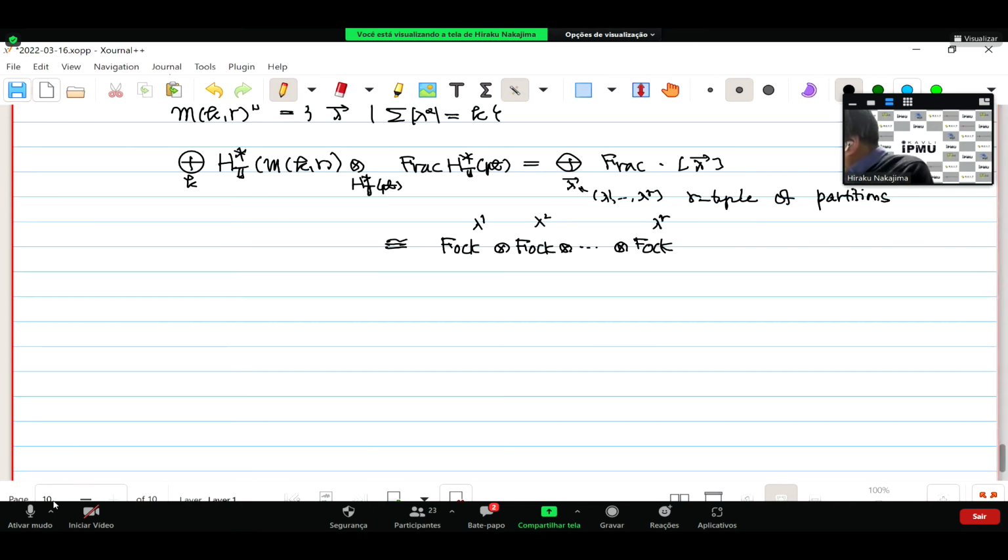So you have r copies, and as a coefficient you take the fraction field. This indicates the size of this equivariant homology.